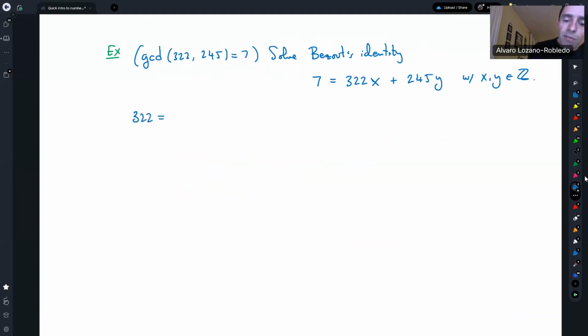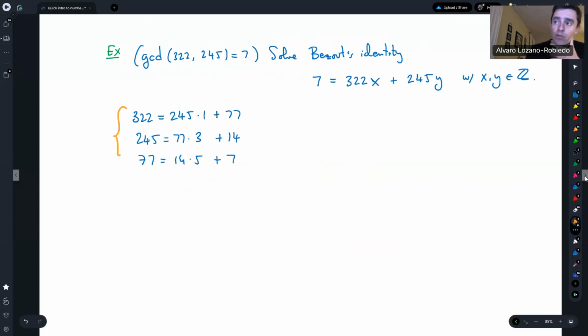So we had before our work of Euclid's, that is 245 is 77 times 3 plus 14, and 77 is 14 times 5 plus 7. And then I'm going to use these equations to solve for the remainder.